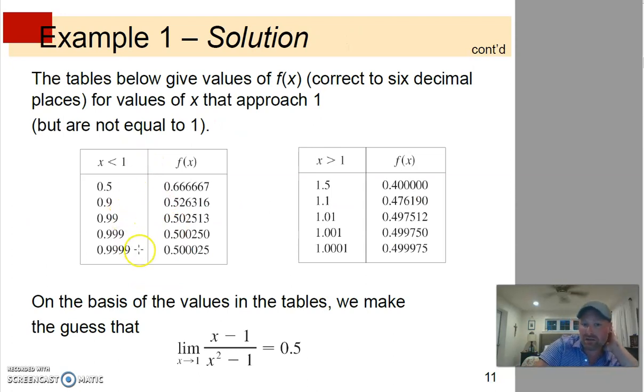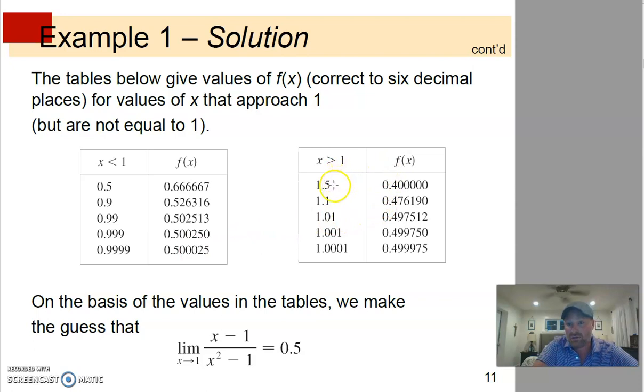So if we take a look at it, we'll notice that as we approach from values that are less than 1, we're getting closer and closer to 1, but now our value of the function, or f of x, is actually getting closer and closer to 0.5. And that's the same thing as we approach from this side here.